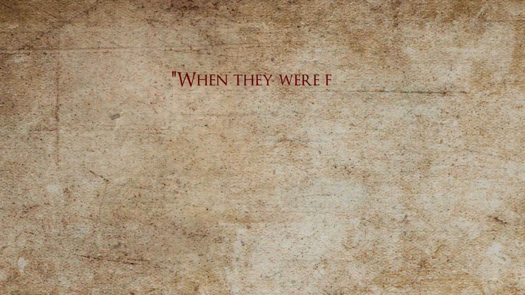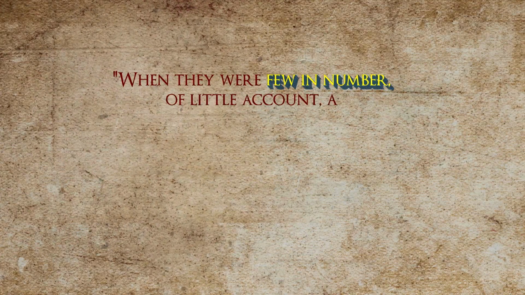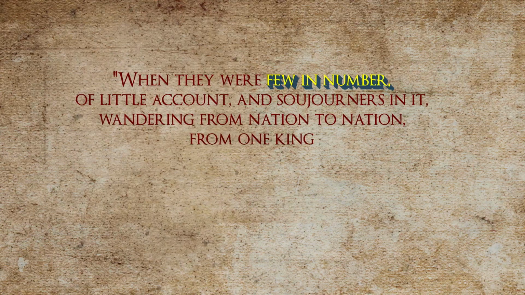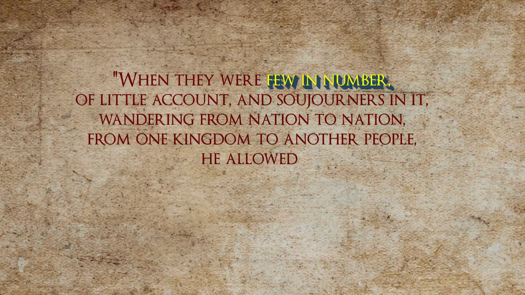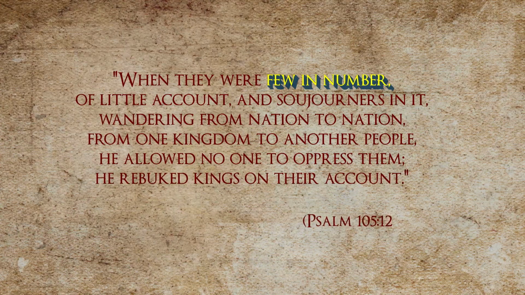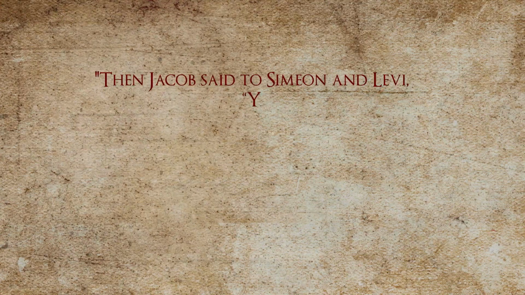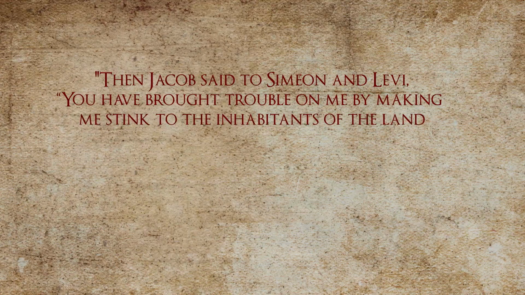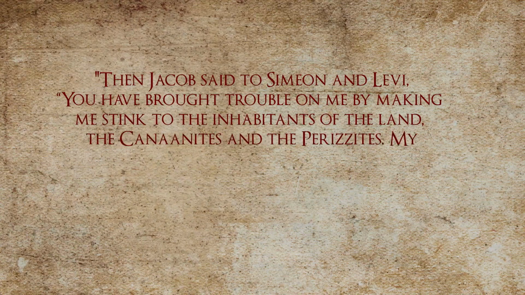In the book of Psalms 105, "When they were few in number, of little account and sojourners in the land, wandering from nation to nation, from one kingdom to another people, he allowed no one to oppress them. He rebuked kings on their account." In the book of Genesis, we read, "Then Jacob said to Simeon and Levi, 'You have brought trouble on me by making me stink to the inhabitants of the land, the Canaanites and the Perizzites.